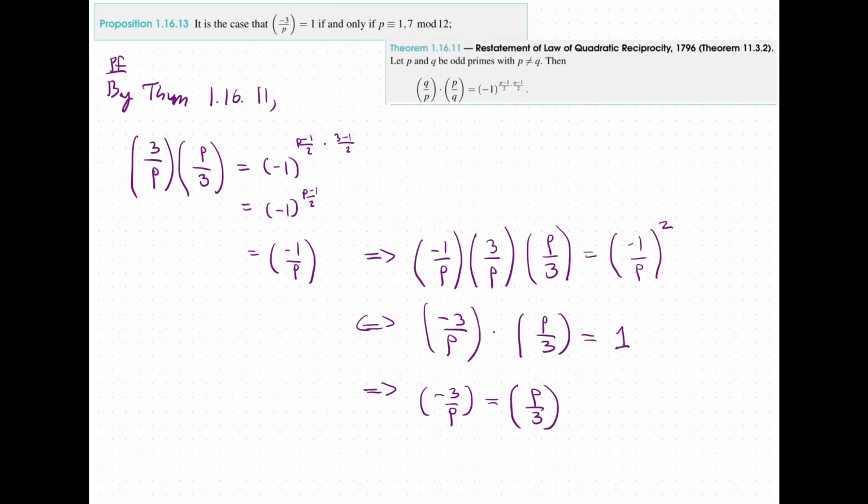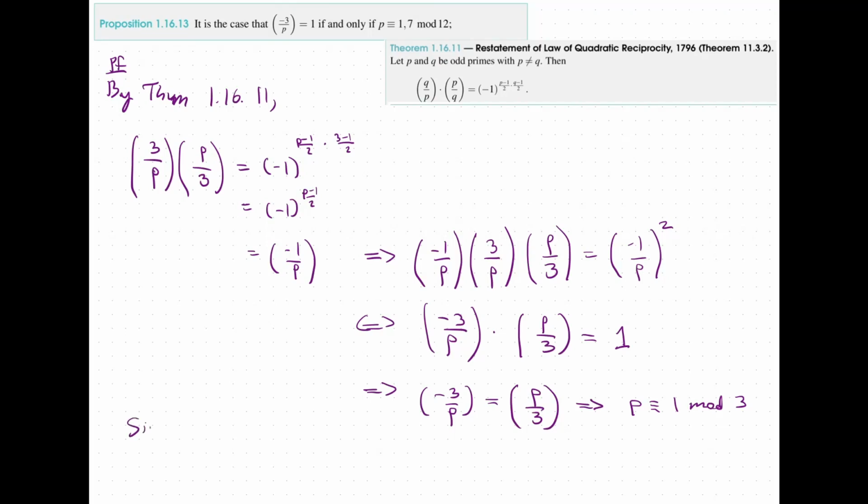But now this tells us that p has to be congruent to 1 mod 3, since the only perfect square modulo 3 is 1. Okay, so that's good, but that doesn't get us to the 12 that's appearing. But that's easily bypassed because we know that p is an odd prime.